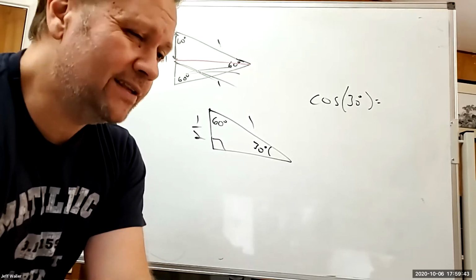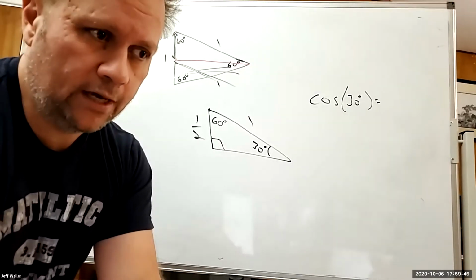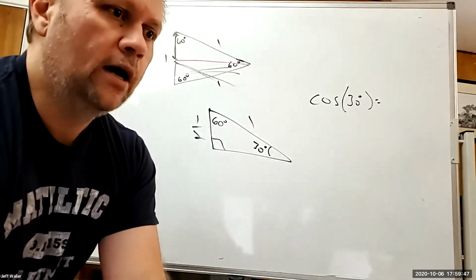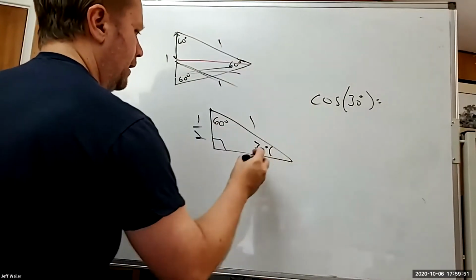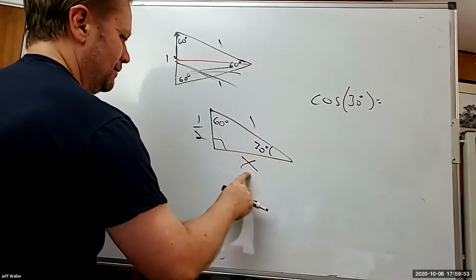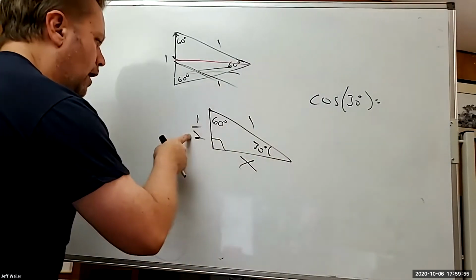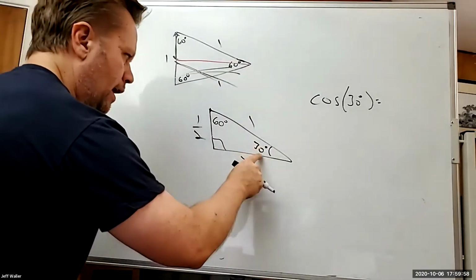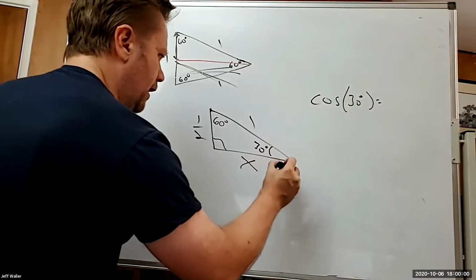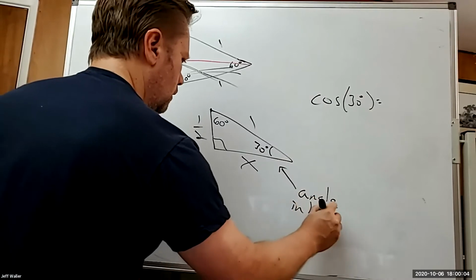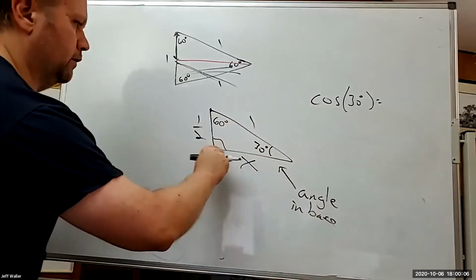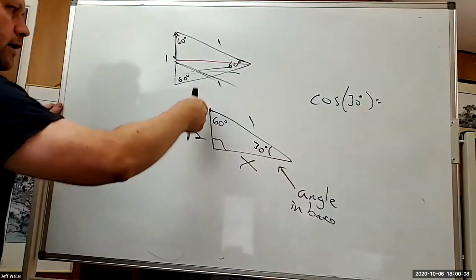I will discuss it a little bit because the book talks about adjacent and hypotenuse. But cosine likes X. Sine likes Y. As long as the angle is in the base, cosine is based on the X side, sine is based on the Y side.